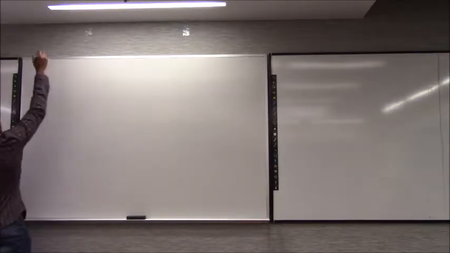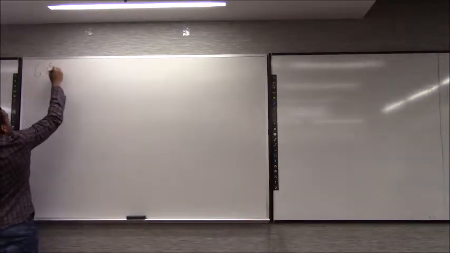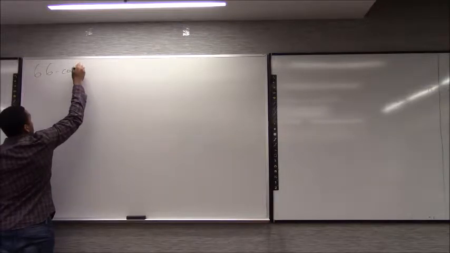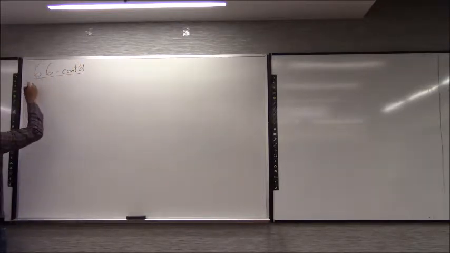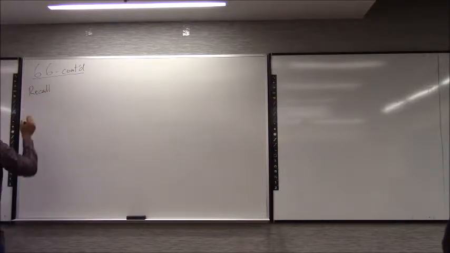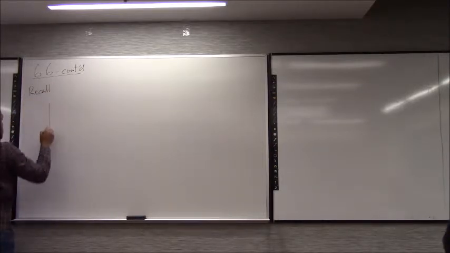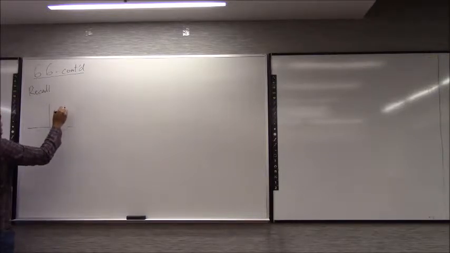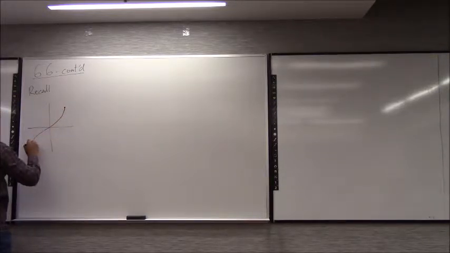Okay, continue with 6.6. I recall where we were last time. I think we butchered the graph for sine inverse, but that was the graph of sine inverse.